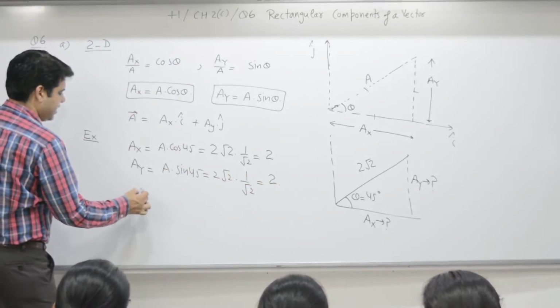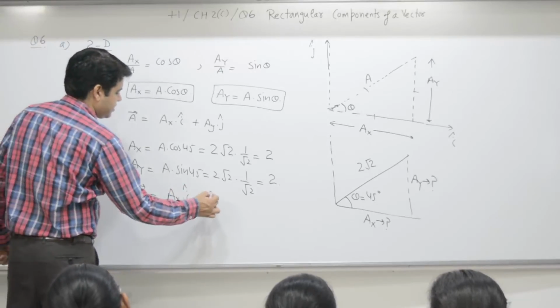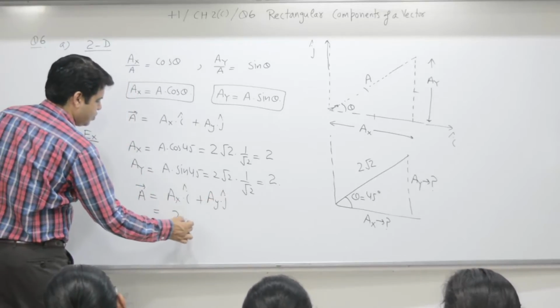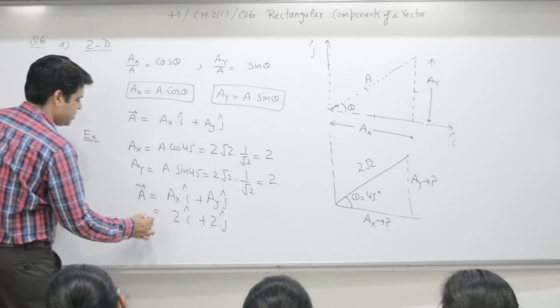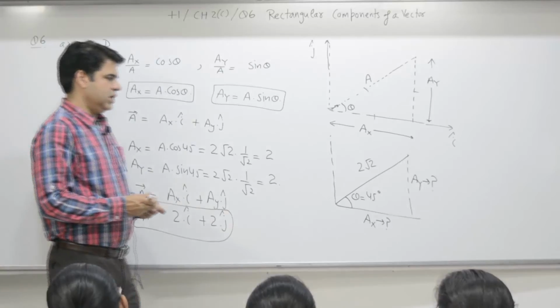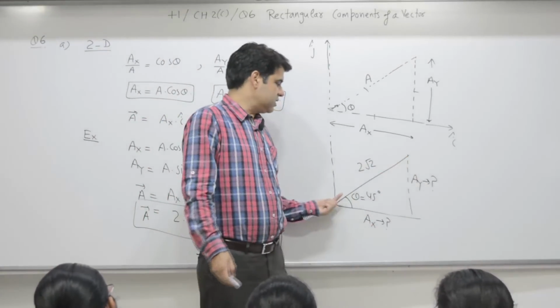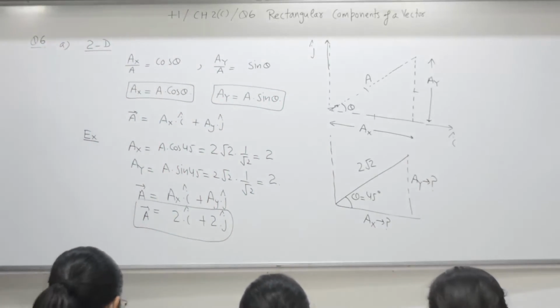Vector A can be written as Axi plus Ayj. Ax is 2, Ay is 2. So vector A is 2i plus 2j. 2 is its x component and 2 is its y component, and the resultant is 2 root 2. Time with you is 4 minutes.